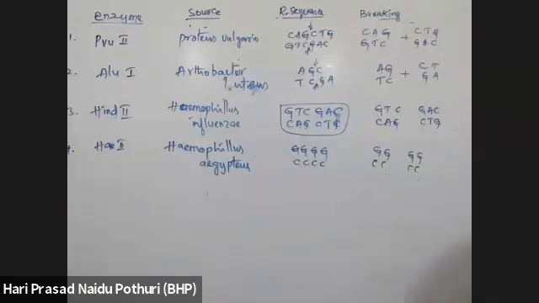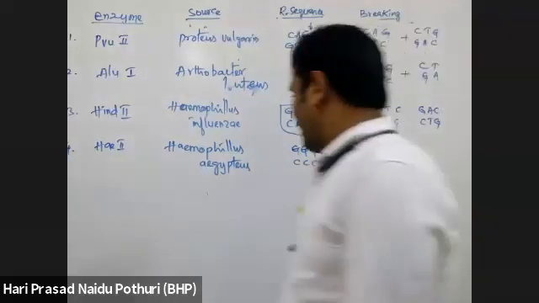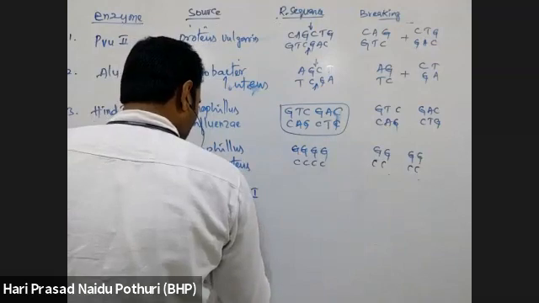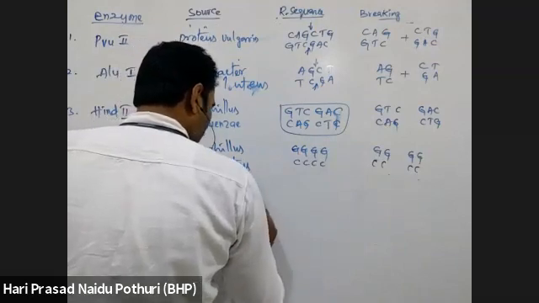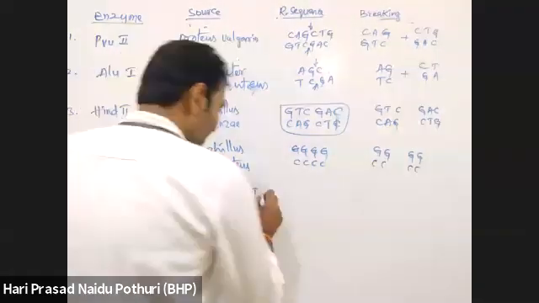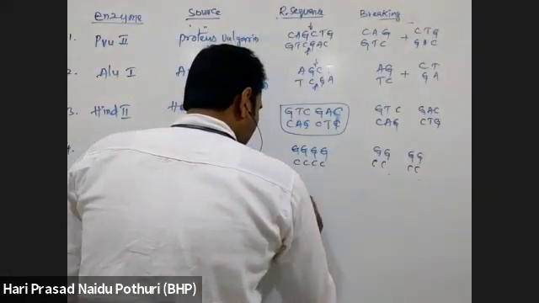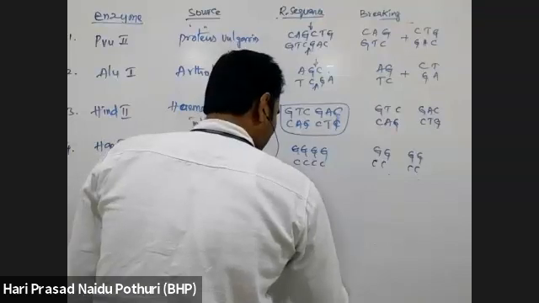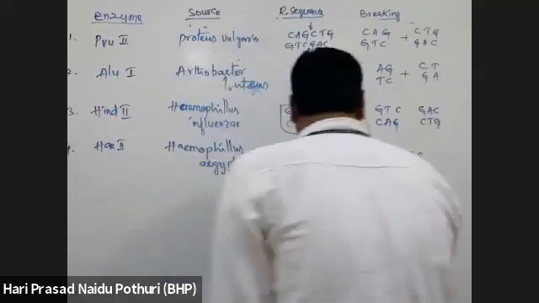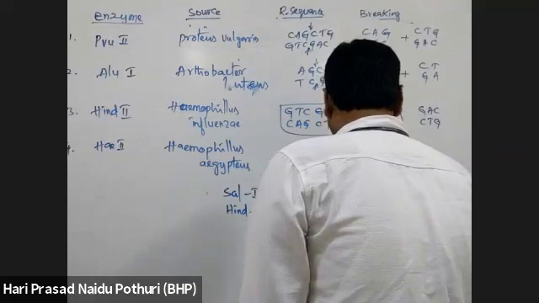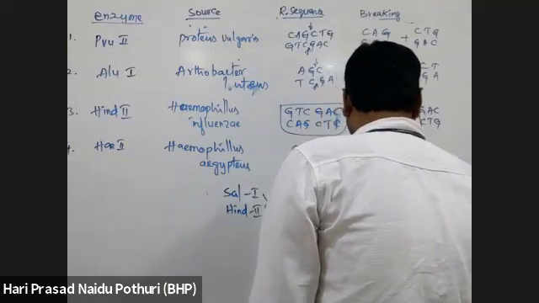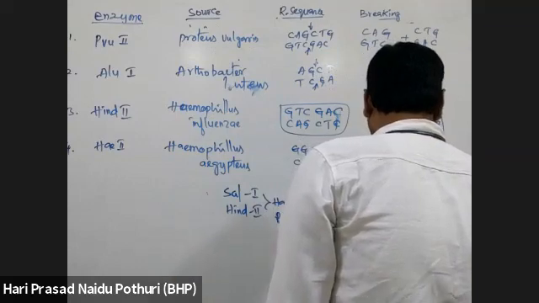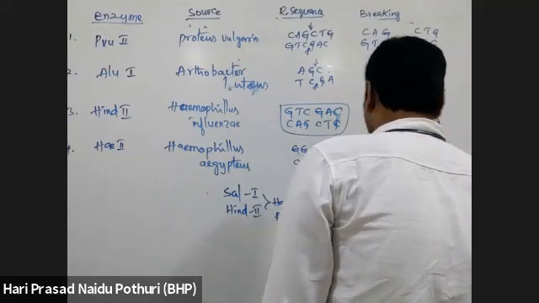But if we see those 2 enzymes, SAL1 and HIND2, they have same restriction sequence or palindromic sequence, but different restriction sites. Their restriction sites are different.